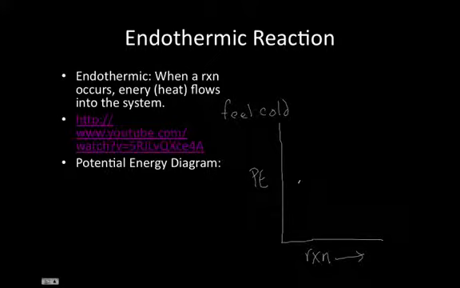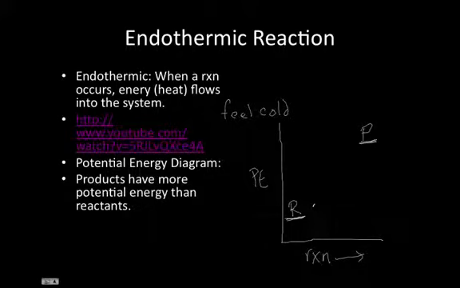So we're going to have reactants down here, and the reactants are going to start out low. As energy goes into the system, energy gets added and the products are able to form. So the products have more potential energy than the reactants do. So the course of the energy goes something like this.